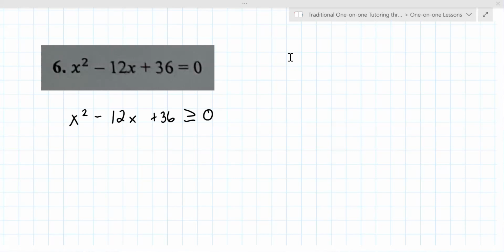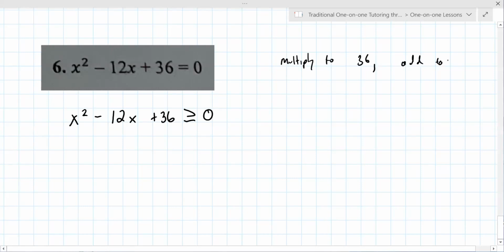So again, you're trying to find two numbers that multiply to 36, but this time add to -12.